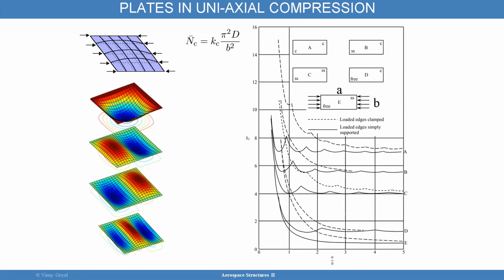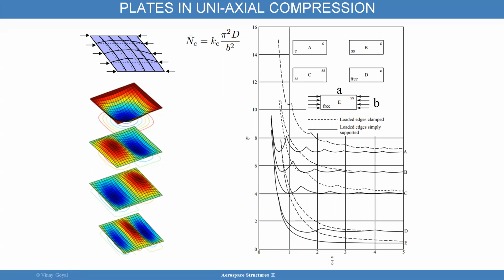The bending stiffness of the plate D is going to be E H cubed, where E is the modulus and H is the thickness, all divided by 12 times 1 minus nu squared.